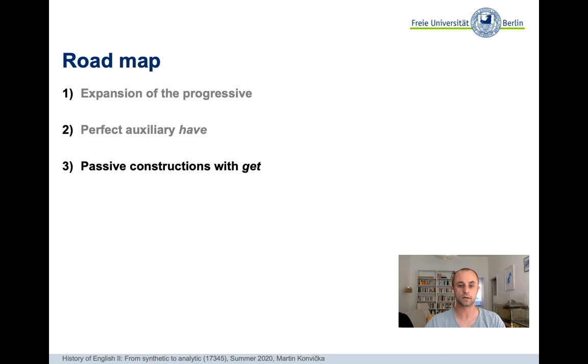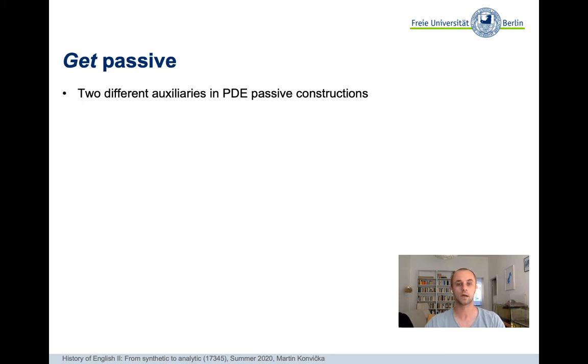So now let's have a look at the passive construction with get. First, a couple of words about the so-called get passive. In present-day English, when we want to form a passive construction, we basically have two different options when it comes to the auxiliary.